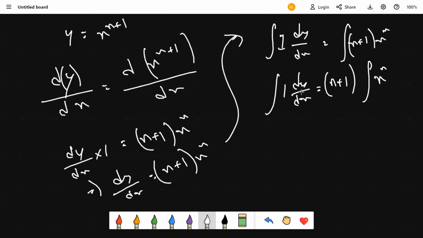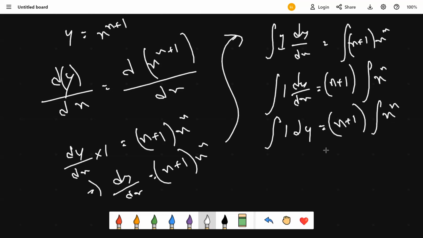Same goes for the integration part. Since we can only integrate with respect to one variable, we will move all the x's to one side and all the y's to the other side. So all the x's, we have a dx here, so we are moving that dx to the right side as well. So, sorry, that should be dy equals n plus 1, and there goes x to the power n.